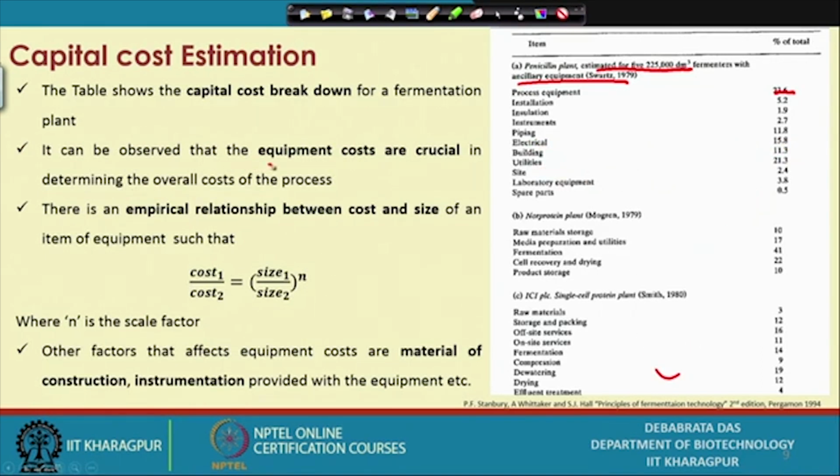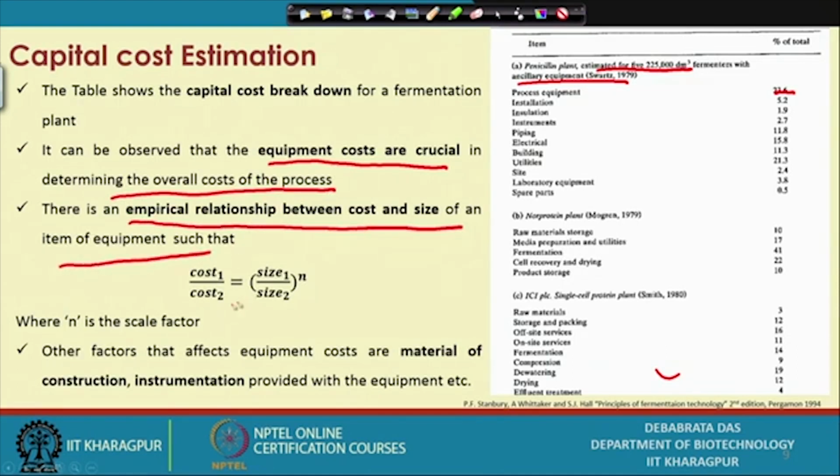It can be observed that equipment costs are crucial in determining the overall cost of the process. The empirical relationship between cost and size of the equipment is like this: cost 1 by cost 2 equals size 1 by size 2 to the power n, where n is the scale factor. This is how this equation has been built up. Other factors that affect the equipment cost are the material of construction.